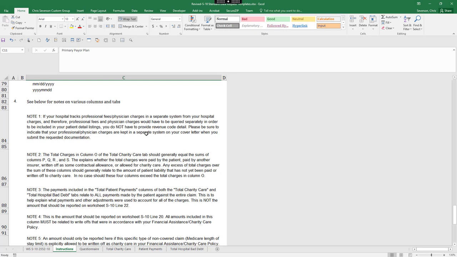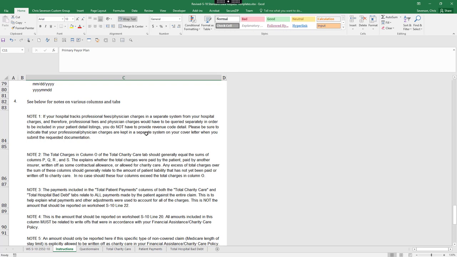The main reason that revenue code detail is required to begin with is to allow us to audit the listing to make sure that any sort of professional fees or physician charges that are not allowable have been properly removed. If they're in a completely different system, then that level of detail is not needed.